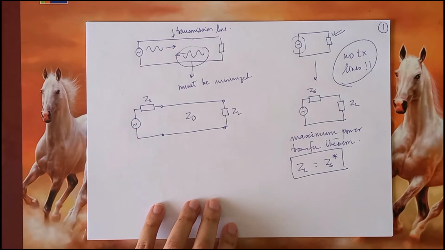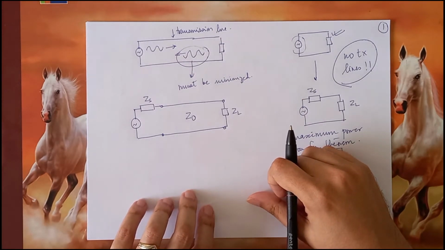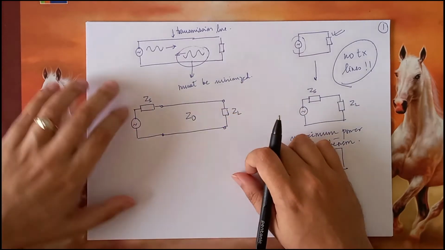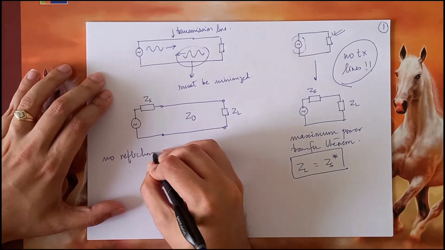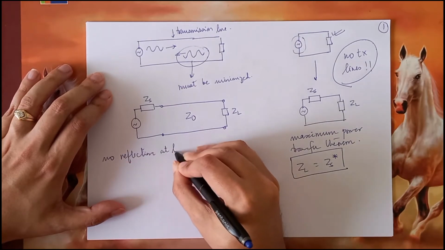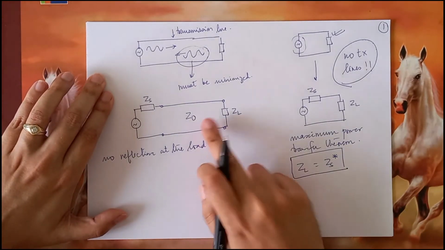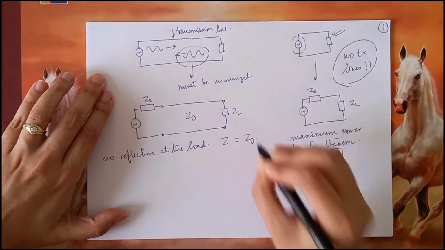So now, here in the case of the transmission line, what can we do to ensure that there are no reflections at the load? We know the condition for no reflection at the load should be that ZL must be equal to Z0.